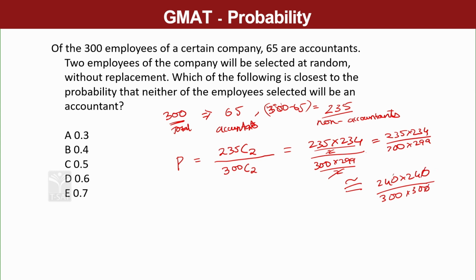So here you will be left with 3 8s are 24. So you have 8 square divided by 10 square, that is 8 8s are 64 divided by 100, it is approximately equal to 0.6. You approximated the answer to option D, which is 0.6.